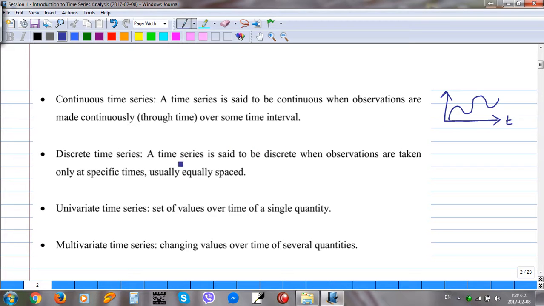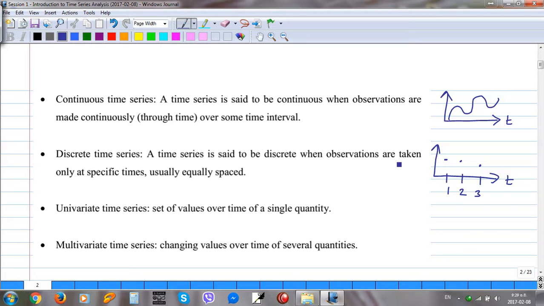Another type is the discrete time series. A time series is said to be discrete when observations are taken only at specific times which are equally spaced. It means if we are taking a time series at 1, 2, 3, 4, we are taking observations at these points only.